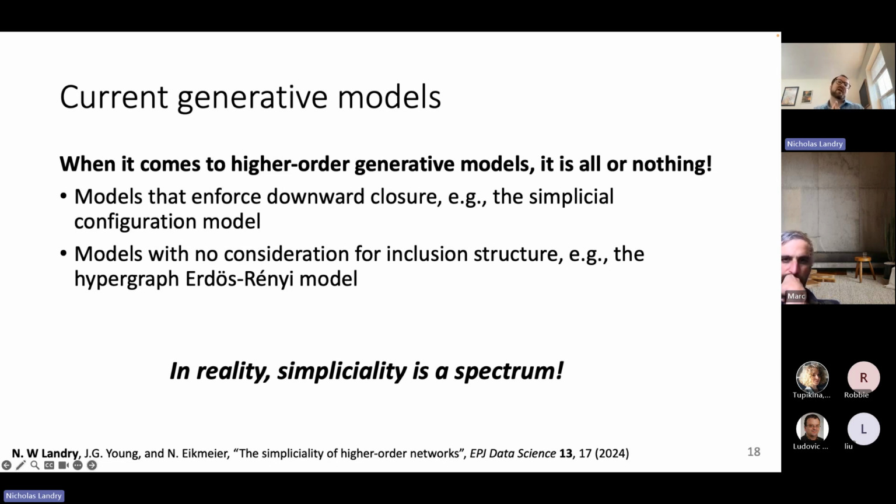And then on the other hand, we've also got models that have no consideration for the inclusion structure, and anything that resembles a simplicial complex would be by accident as an artifact of that model. So think of the hypergraph Erdős-Rényi model. But our hypothesis was that simpliciality is likely a spectrum.